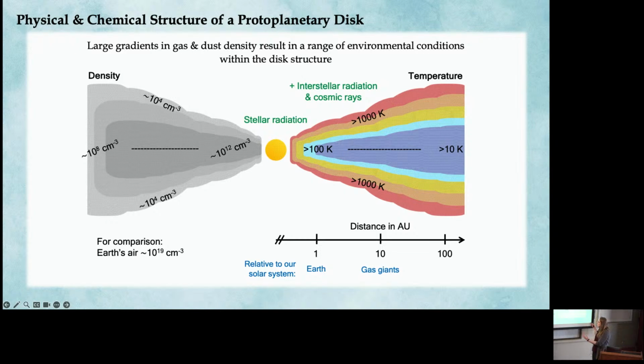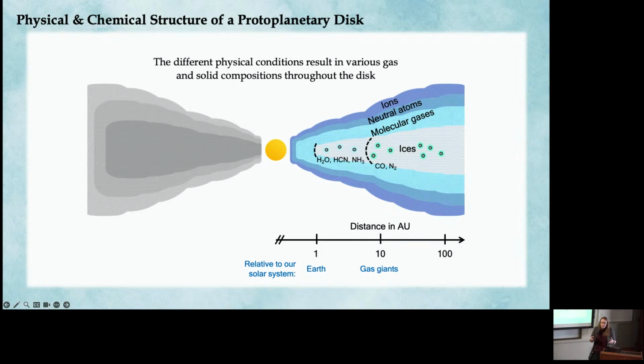Having this variation in physical conditions throughout the disk leads to a very interesting chemistry within the disk, where we have different regions, both in the vertical and radial directions, of different chemical species carrying the elements that we care about. In the surface layers, it's highly irradiated, so our molecules are broken down into atoms and ions, but as we go deeper, we can actually shield and maintain our molecular carriers.